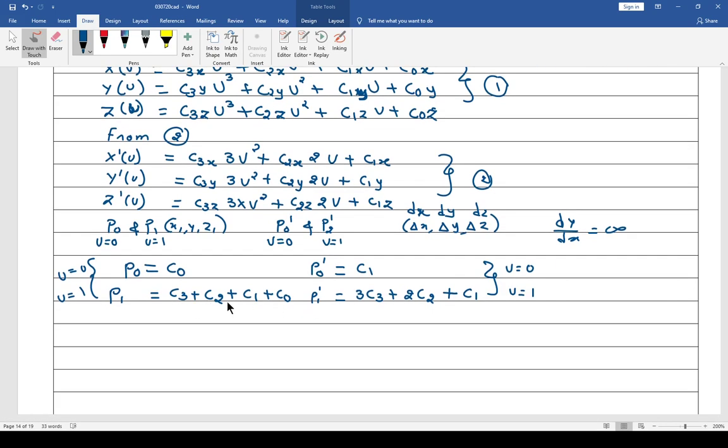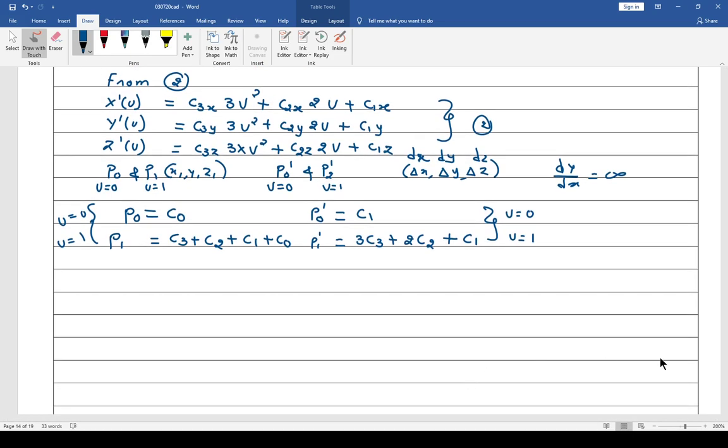What remains from the remaining two equations is c3 and c2, which I am not aware of. So p1 is equal to c3 plus c2 plus p0 dash plus p0.